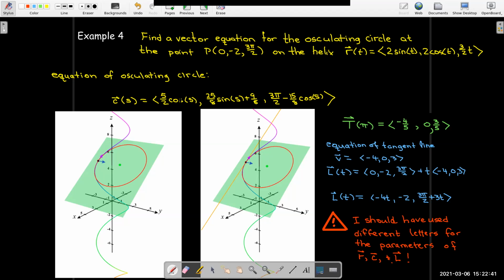I can't use pi. What do I need to use? Looks like I need to use 3 pi over 2, actually.